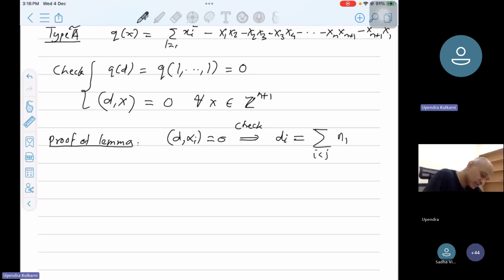So this is nij ej, where nij is equal to the number of arrows, number of edges between i and j.